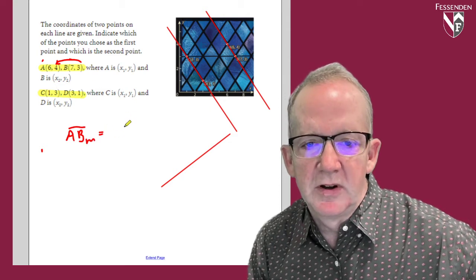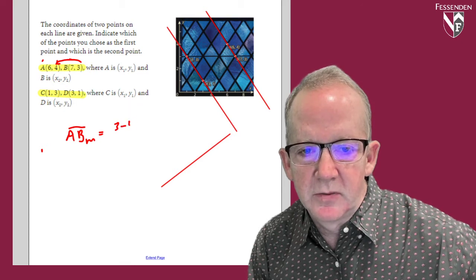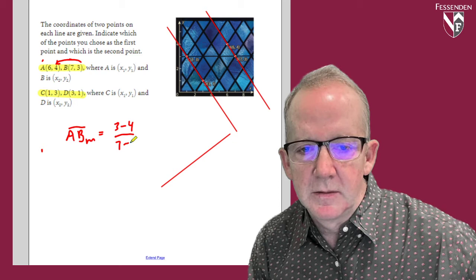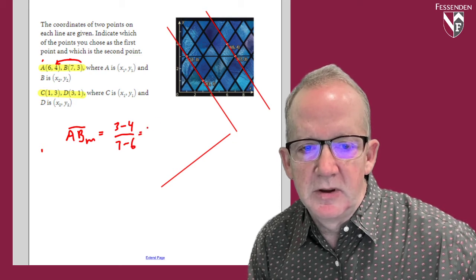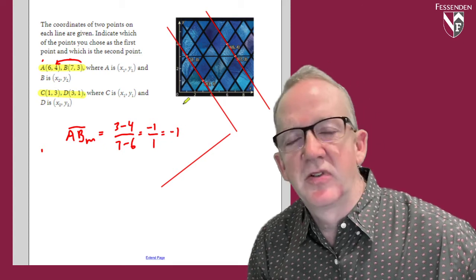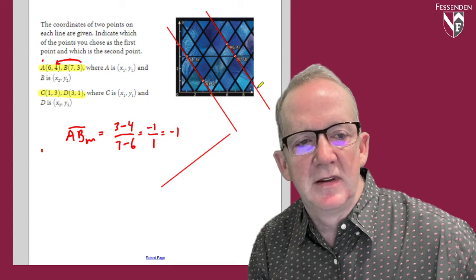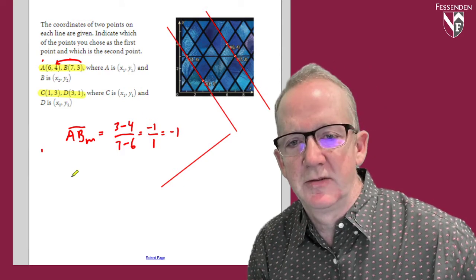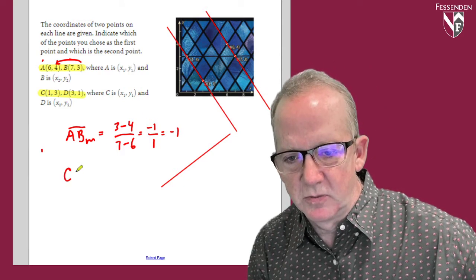Let's do the difference in the y's: 3 minus 4 over 7 minus 6, and that'll be negative 1 over 1, and that is negative 1. I always like to look and see, does it make sense that it's negative? As we go down and to the right, does it make sense that that slope is negative? I think you'll see that it does.